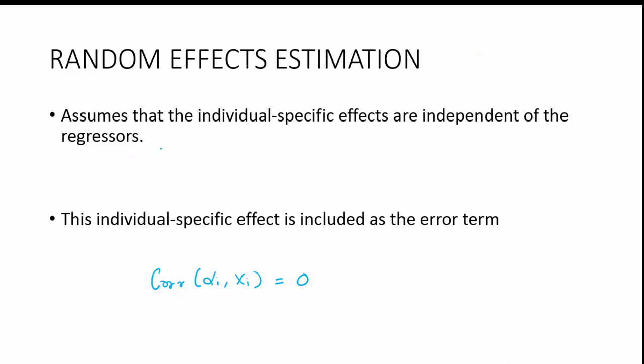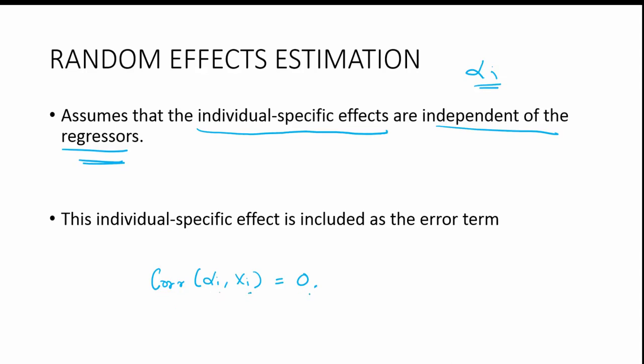Now, the fundamental difference between the fixed effect estimation and random effect estimation is that random effect assumes that the individual specific effects, the unobserved effects, I'm talking about the alpha i's, are independent of the regressor. Or the correlation between alpha i and xi is zero.